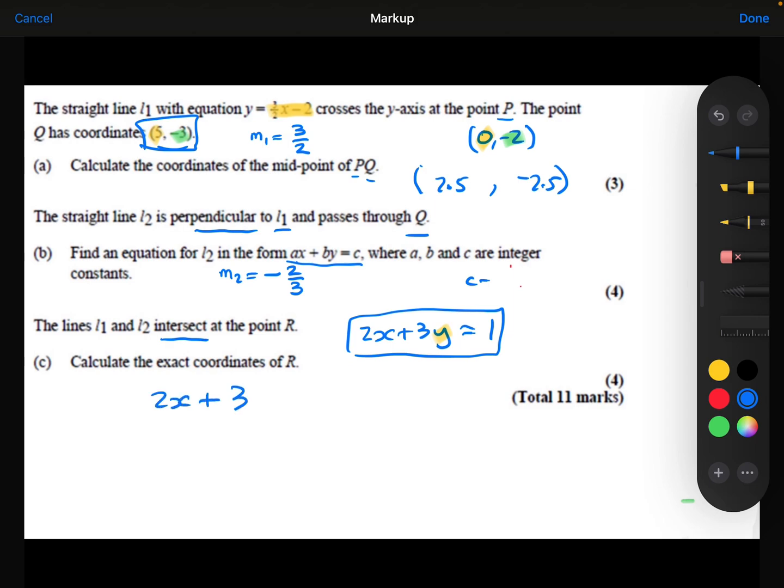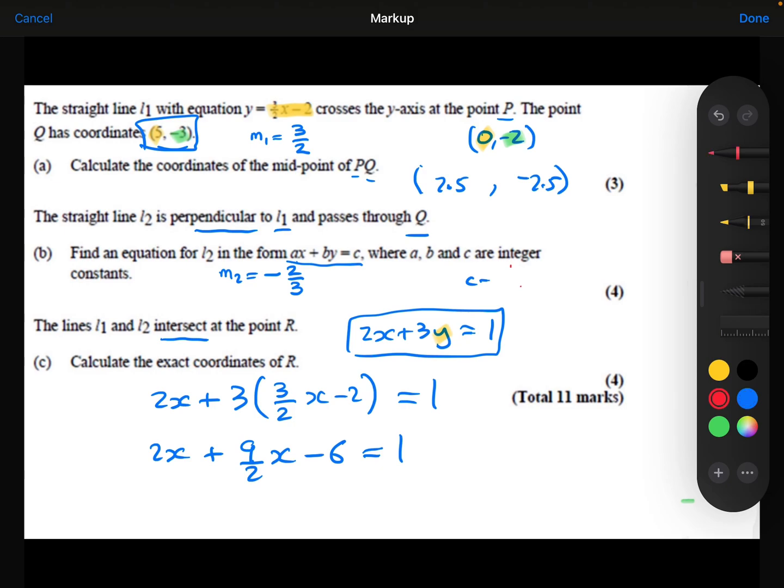So I'll get 2x plus 3 lots of the 3/2 x minus 2 is equal to 1. Let's expand these brackets. Let's add 6 to both sides and collect up those x terms.